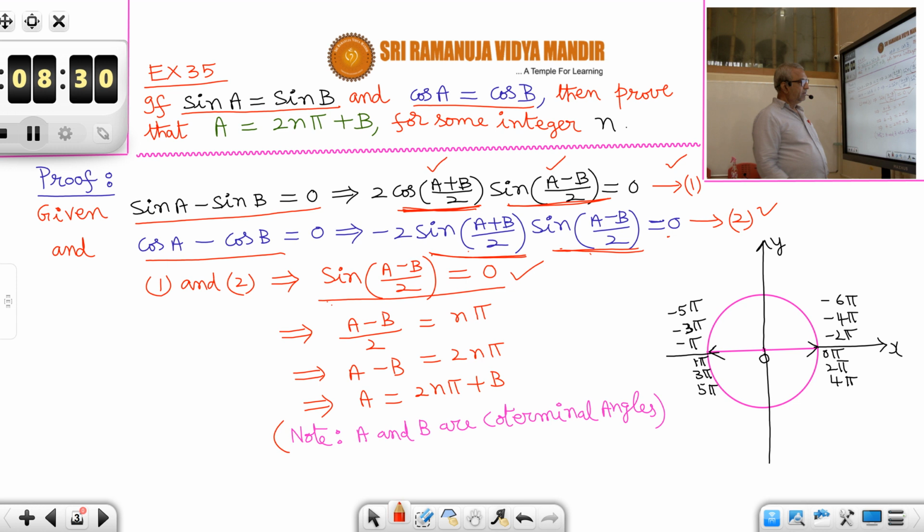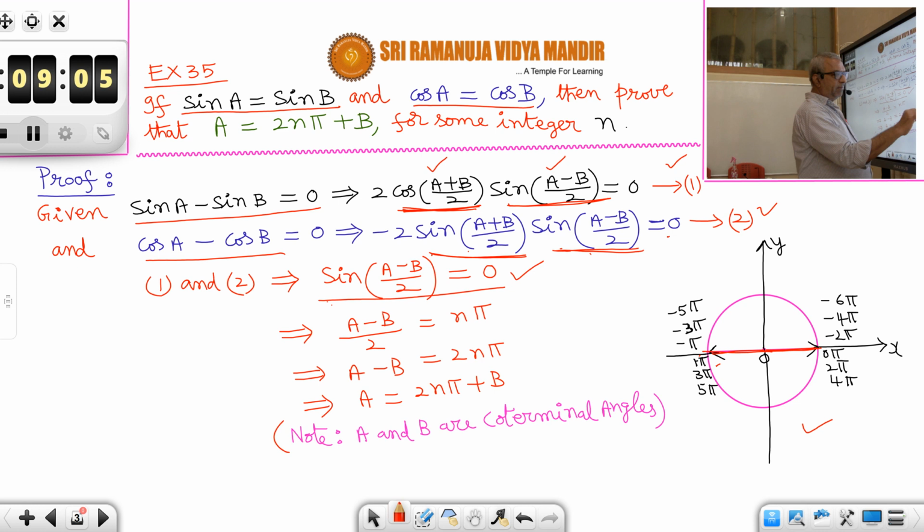All angles whose standard positions coincide with either the positive direction or negative direction of the x-axis, sin will be 0. So what are these angles? 0 pi, 1 pi, 2 pi, 3 pi. Similarly minus 2 pi, minus 3 pi, etc. Some integral multiples of pi.